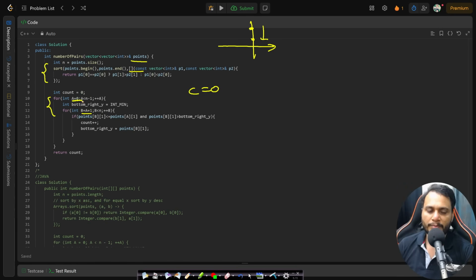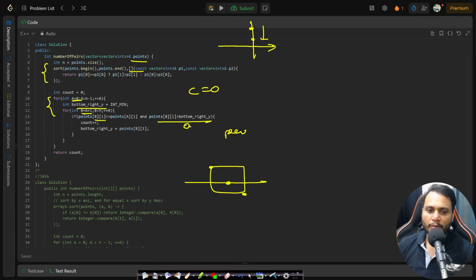When you have taken an a point, then I will be taking the bottom right y, which is your previous point, and after maintaining this, iterate for all the b coordinates and check that the b point is actually lying to the bottom right corner, and if it does, then we need to also check that the previous point is not lying in between this rectangle, somewhere in between the rectangle overlapping.